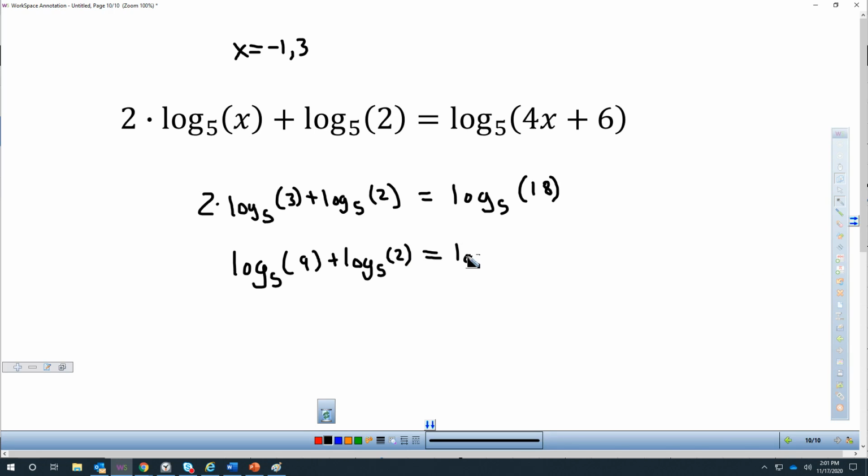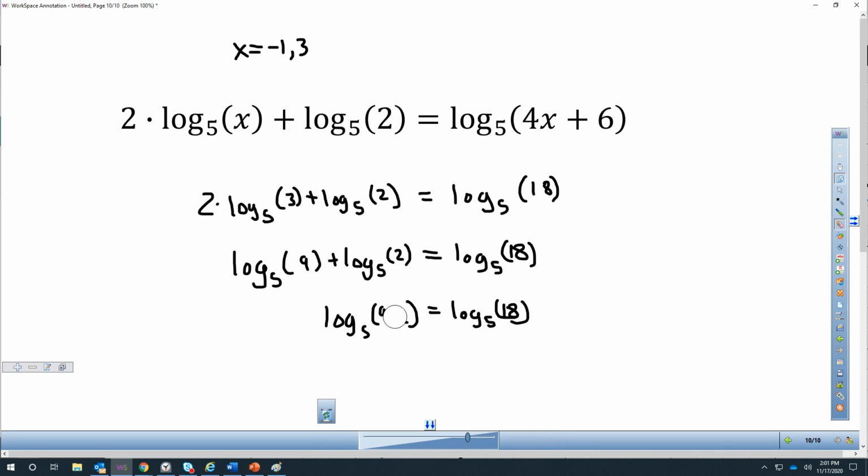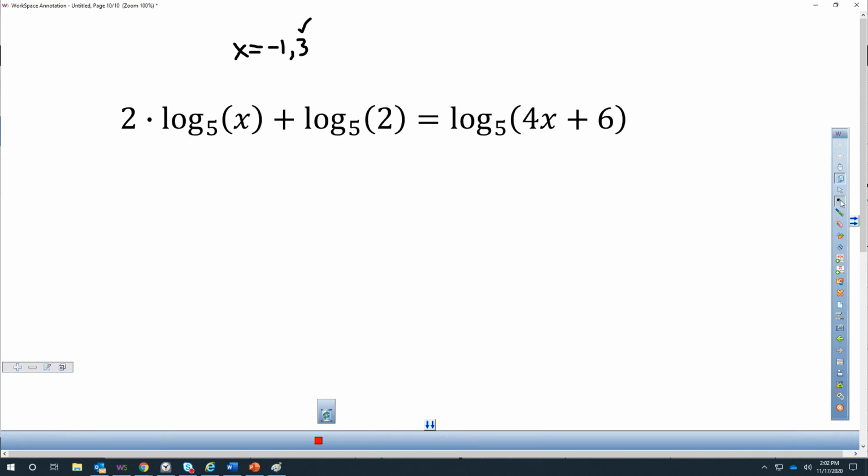And that needs to equal log base 5 of 18. So the next thing I can do is use my product rule. So it's going to be log base 5 of 9 times 2, which is log base 5 of 18, because 9 times 2 is 18. So this does come out to be log base 5 of 18 is equal to log base 5 of 18. So that means that 3 worked. So 3 is good.